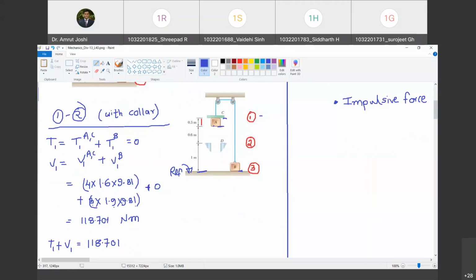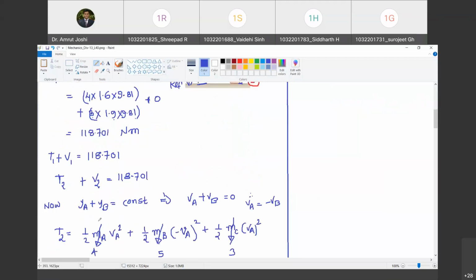Any one of you do the calculation and let me know, then we will proceed. Is the calculation correct? Yes, sir. So T1 plus V1 that we have got is 118.702.